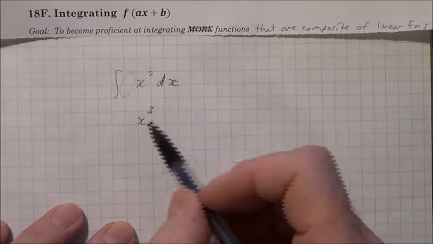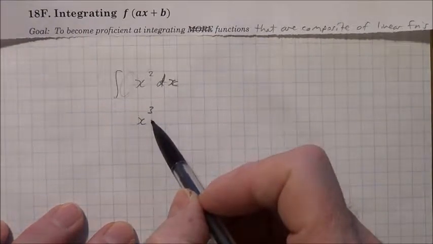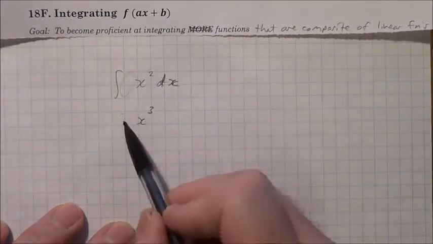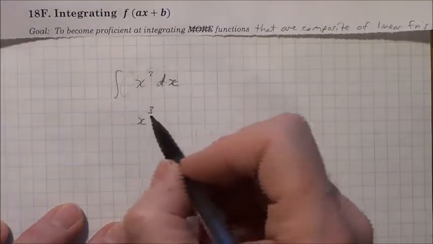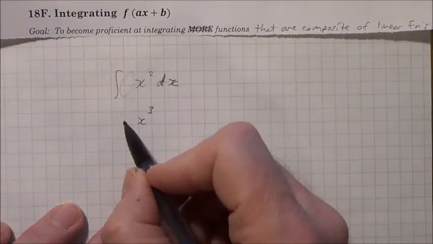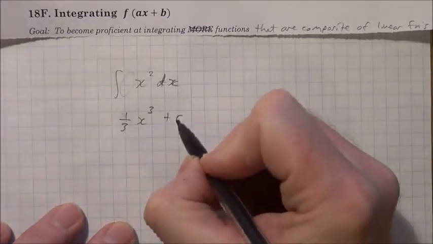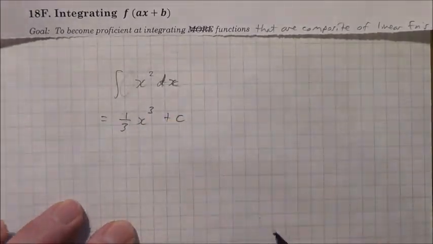Therefore, if you were to differentiate x cubed, you would get a 3 as a coefficient, but here there's just a 1. So in order to counteract that 3 being multiplied in here, we have to divide by 3 or multiply by 1/3. And then, of course, add the constant of integration.